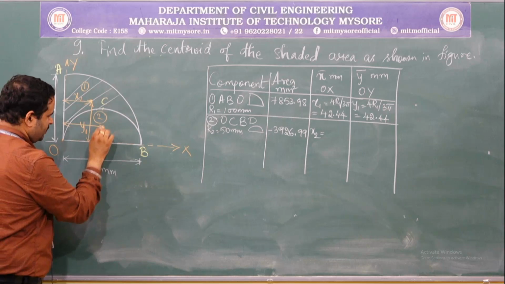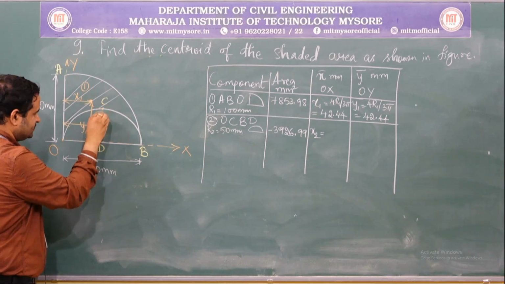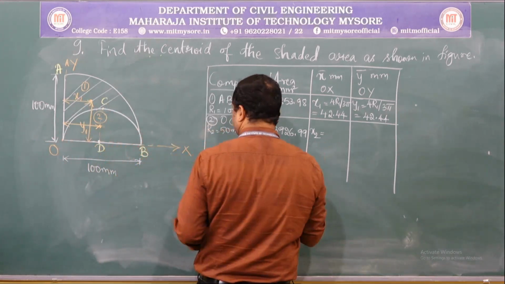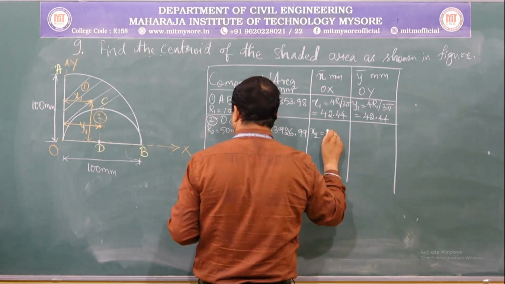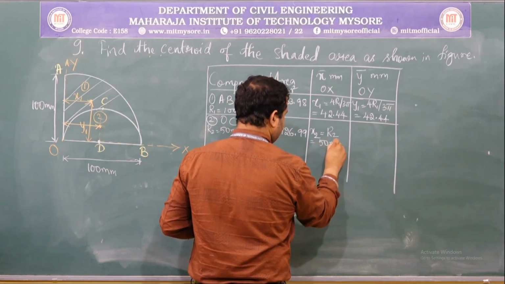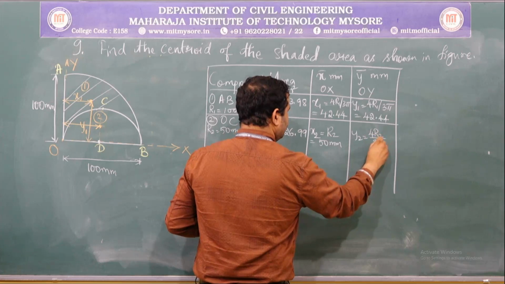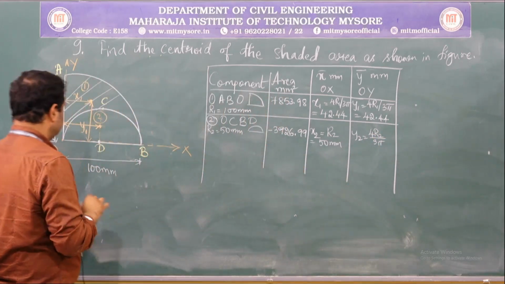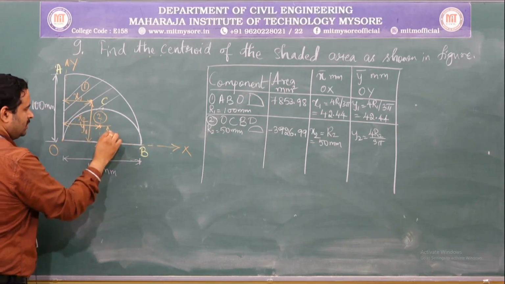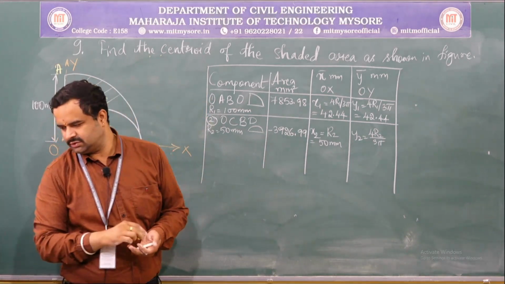So if you look at this point, it is nothing but equal to the radius of this semicircle. So x2 is the semicircular component with respect to the OY axis, which is equal to R2, which is 50 mm, and y2 is equal to 4r2 by 3 pi. So measure the same with respect to the OX axis. This will be x2 and this will be y2. 4r by 3 pi is 21.22.